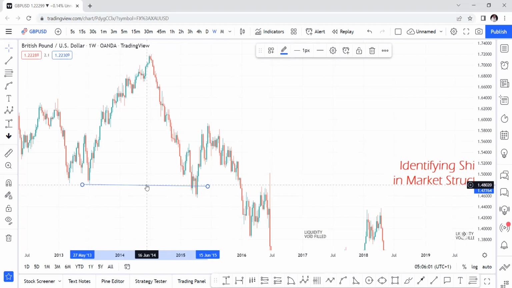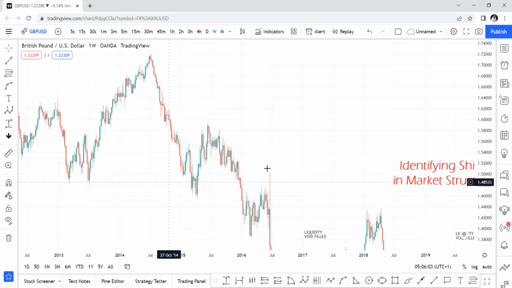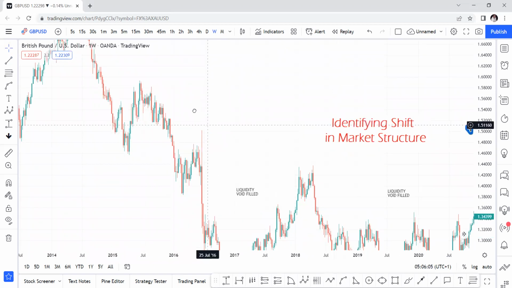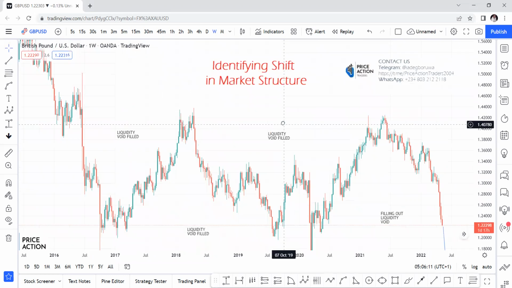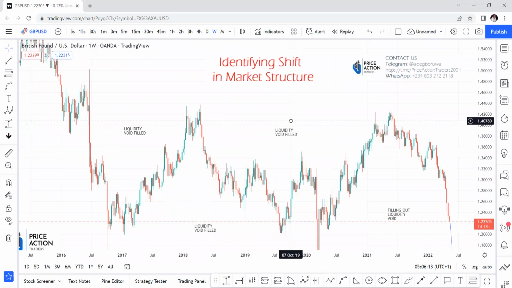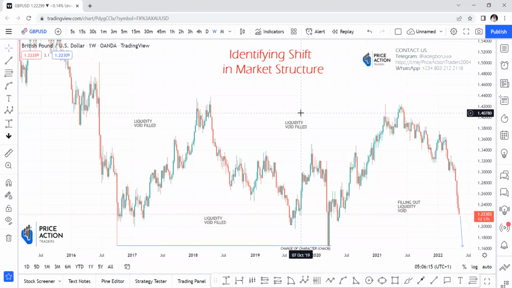The essence of this liquidity gap is to create market efficiency, what we call the equilibrium, the price equilibrium. When price is at equilibrium, that is the time we have what we call the range, and the time for market makers to start acquiring assets.